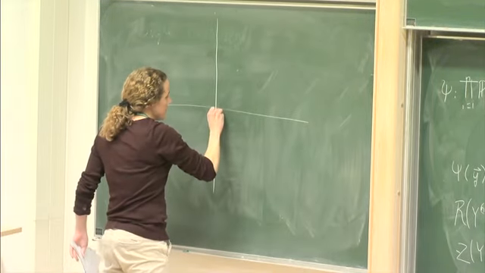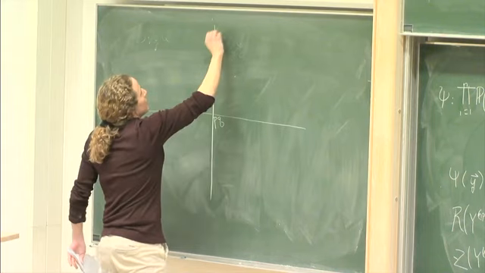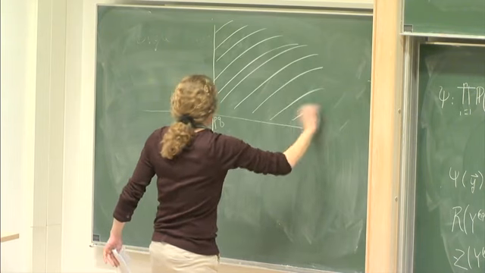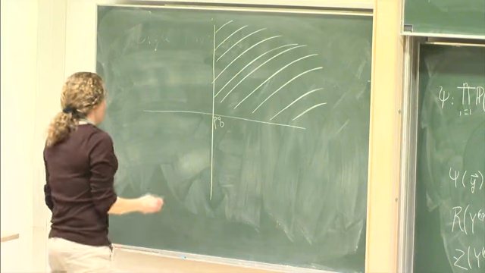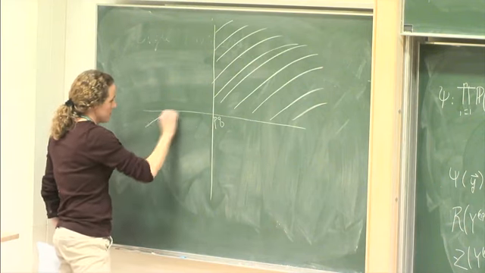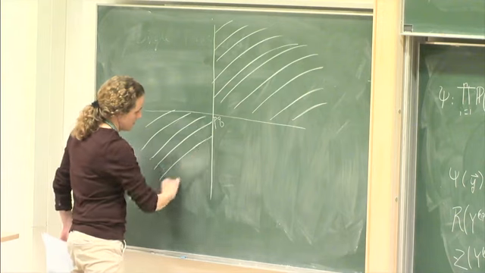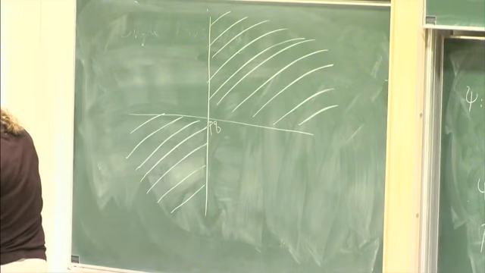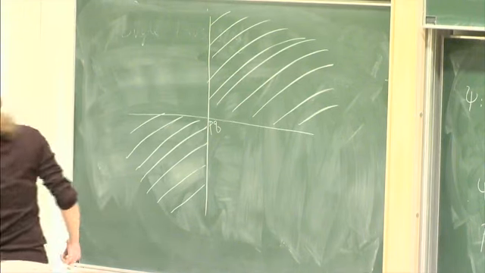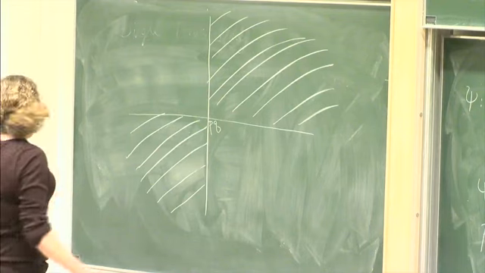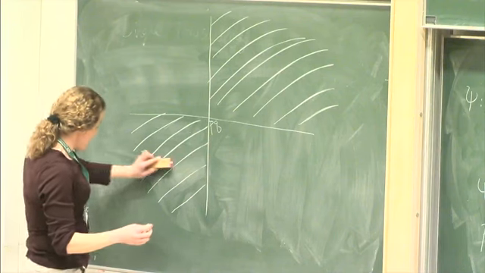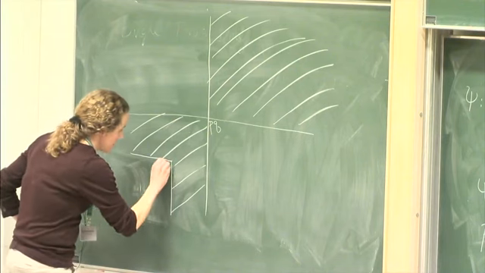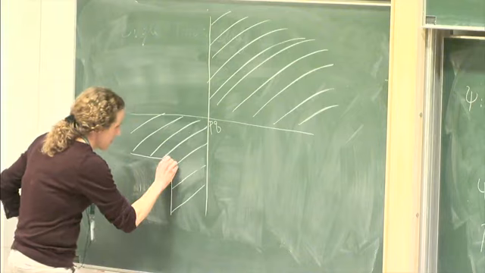So if this is PQ, then I've got this region here, and then I've got this region here. But then I've got to take out, this is PQ.